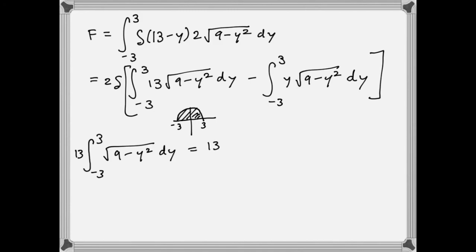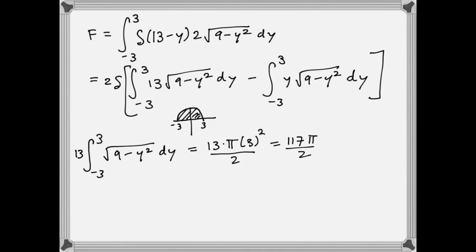So it's going to be 13 times pi times 3 squared divided by 2, which is equal to, what is 9 times 13? 117. So we get 117 pi over 2. That's what I get for my first integral.